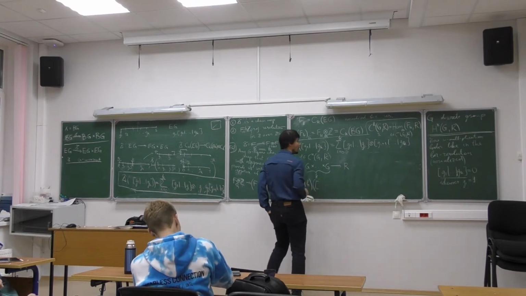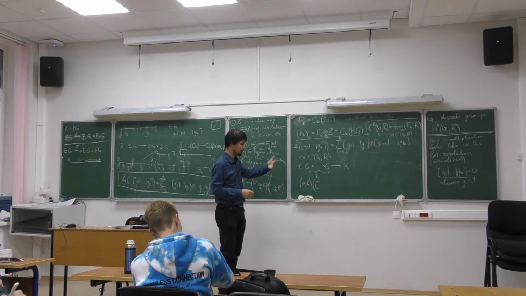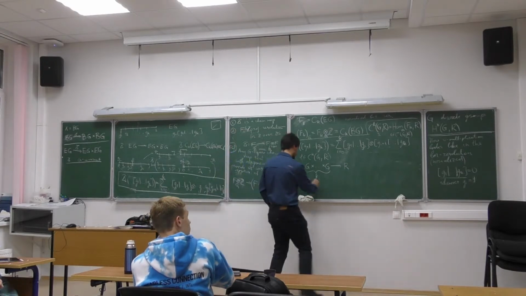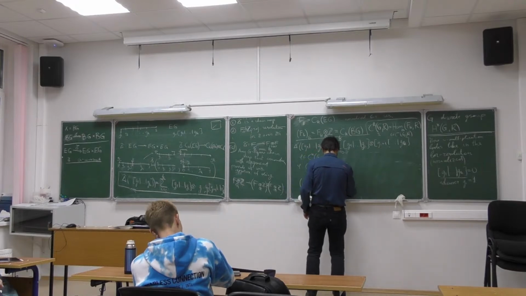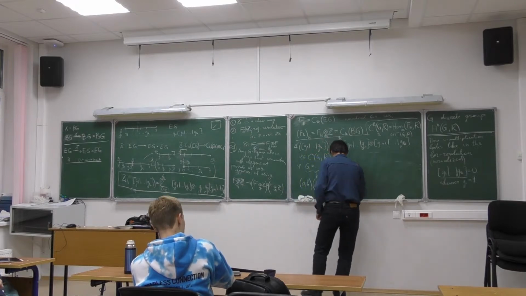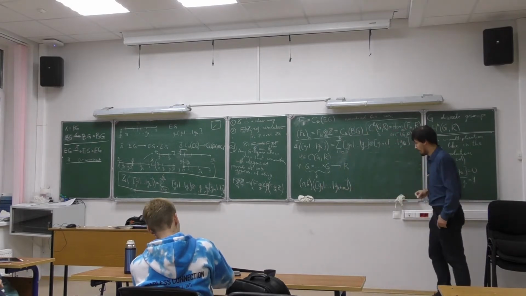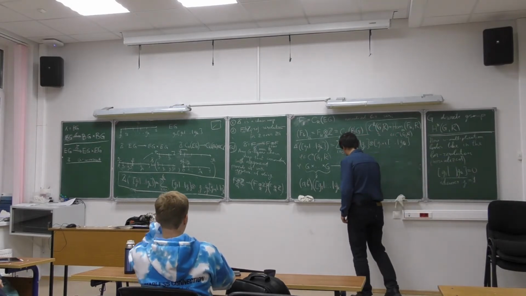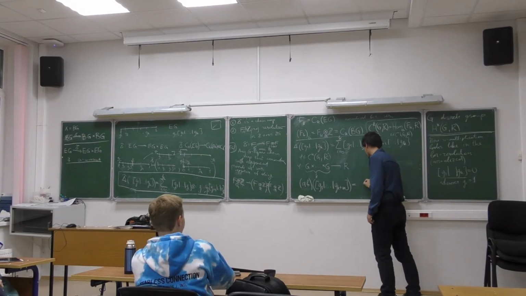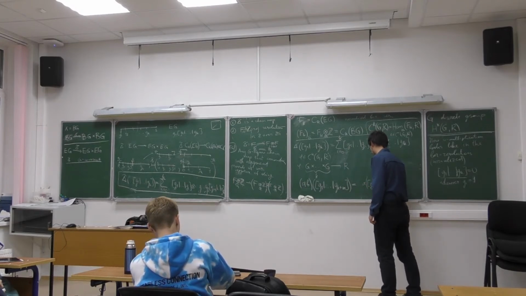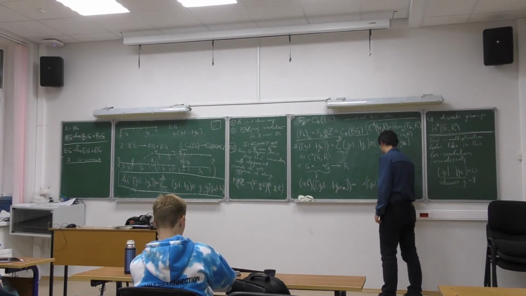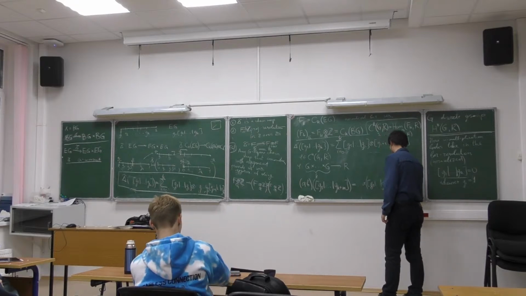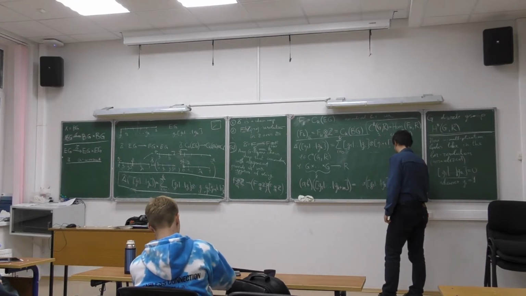I need to compute its value on a tuple of k plus m elements, and the result is just the value of A on g1, ..., gk, and the value of B on gk plus 1, and so on.